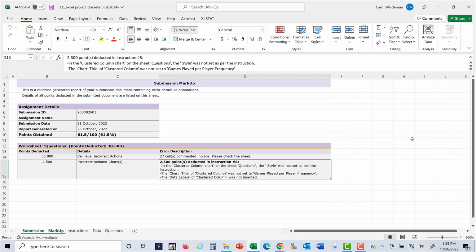But I can't see the first file once you resubmit a second file. It gets written over and the original submission with the feedback is lost. So I strongly urge you to save that first submission file with the feedback on your computer somewhere, in the event that we need to compare it to the second feedback file. So hopefully this will help you for your next set of projects, okay?